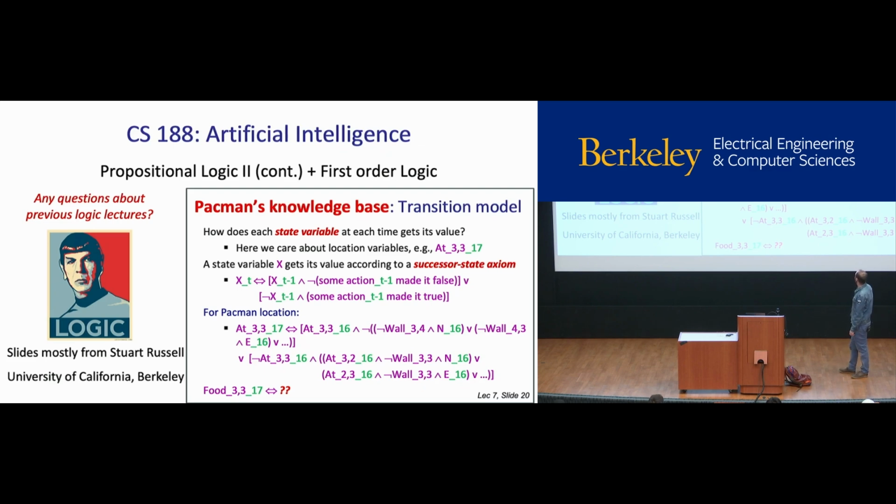Well, we'll probably want to write something that says either there was food there before and he didn't eat the food, or there wasn't food there before and someone put food there. Well, given what we know of Pacman, this doesn't happen, so we could cross this off. So we really only need this one. Food is there if and only if food was already there and Pacman wasn't also there.